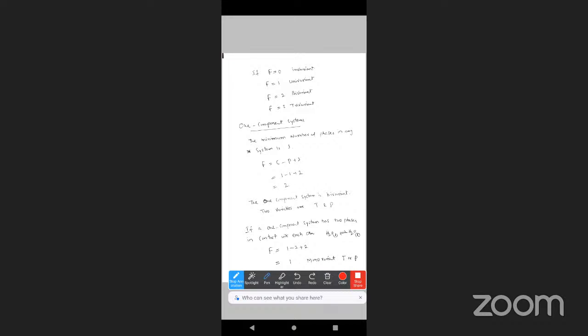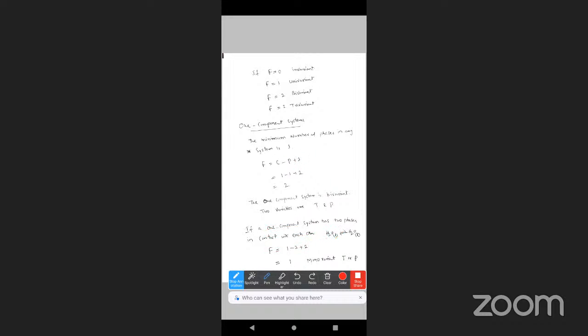Now if a one component system has 2 phases, let P equal to 2 in this equation, the same one component system, which means C equal to 1. If we have two phases, for example, liquid water and water vapor, which are in equilibrium, the two phases are in contact with each other.